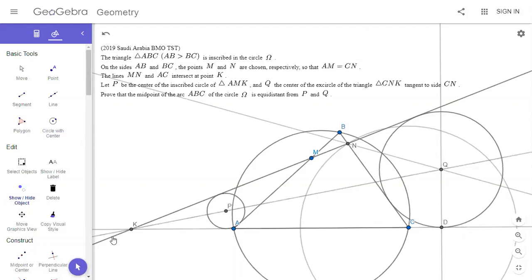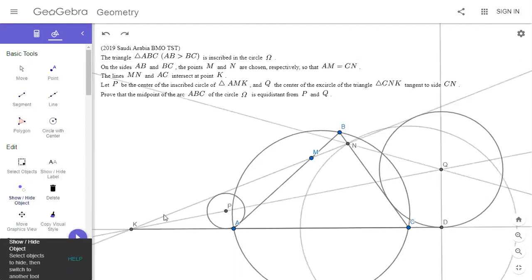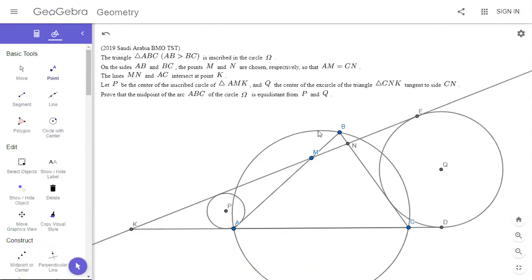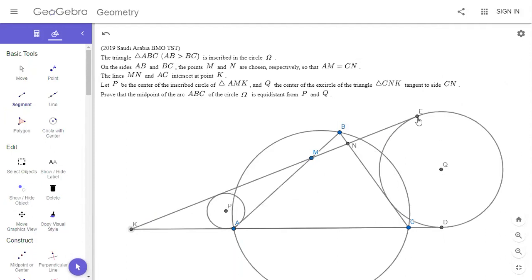Yeah, let me draw. Okay, so oops. We'll draw that line too. Oh, actually, no, yeah, I'm going to want to label this and then hide it and then draw it. There we go. That looks pretty nice.